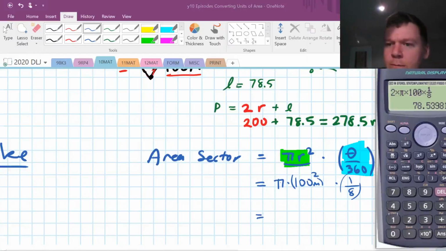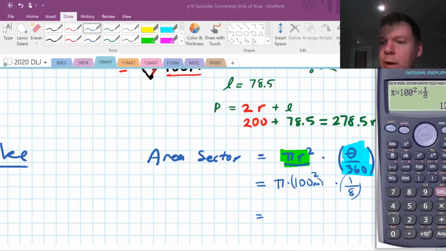Shift, times 100 squared, times 1/8. Execute.